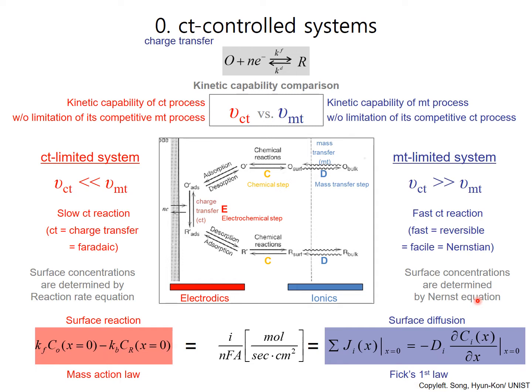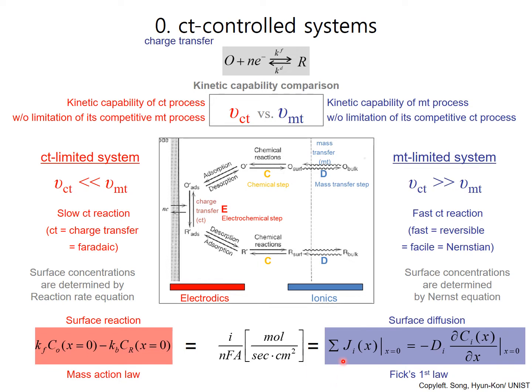Therefore, again, mass transfer will determine the overall kinetics. So we can focus on the surface diffusion. Surface diffusion will determine the current, or that is to say, Fick's first law will determine the current in the mass transfer limited system.